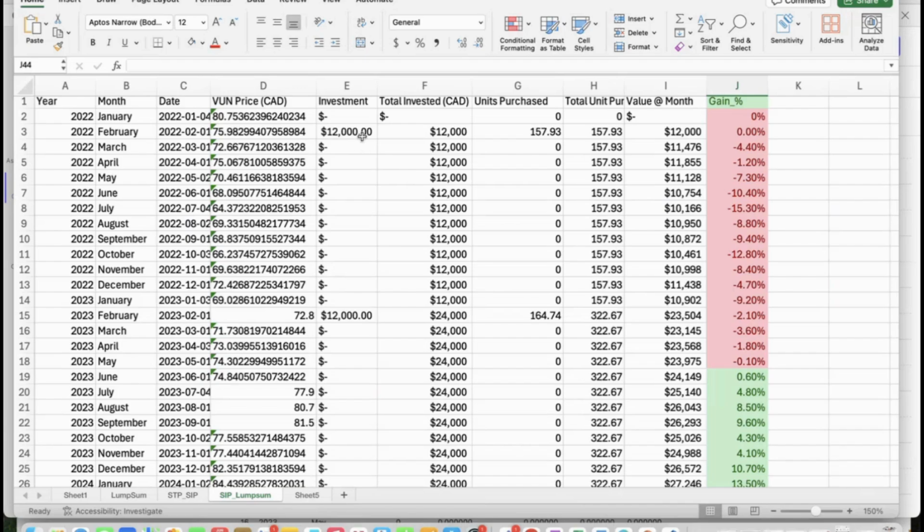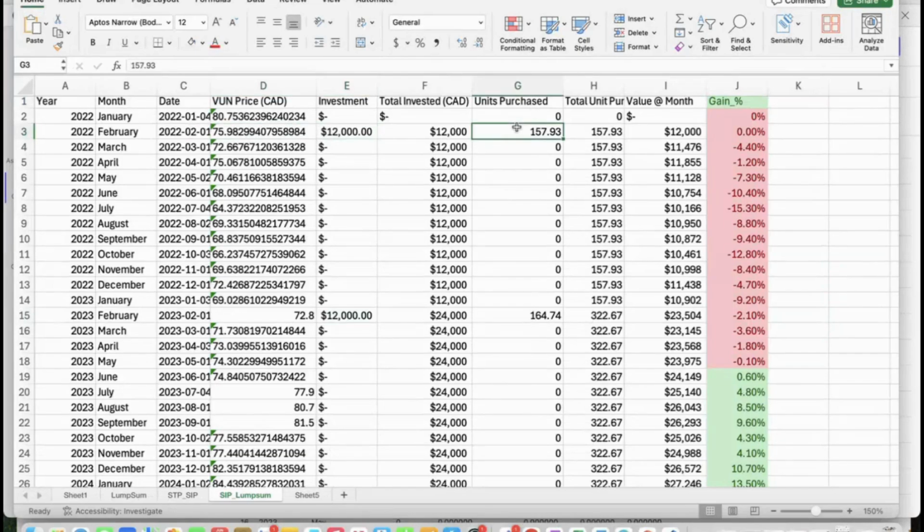Scenario two is, suppose you get a bonus each February, each year, and you invest that in the same fund, and you do it the same way. So you see, that investment is coming in February each year. It's over here, 12K, and the units you are purchasing is basically that 12,000 divided by the unit price.